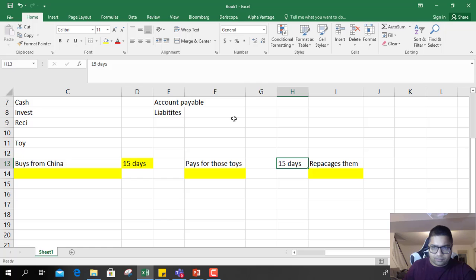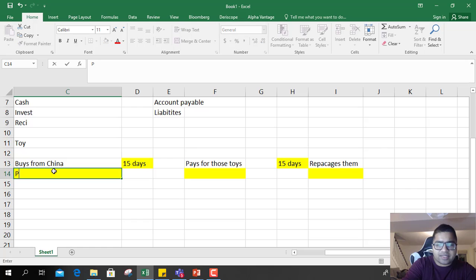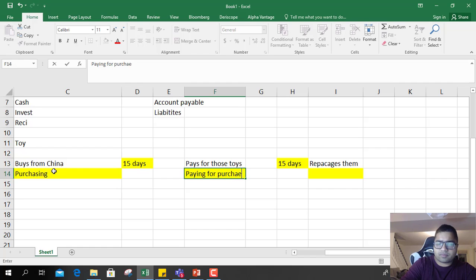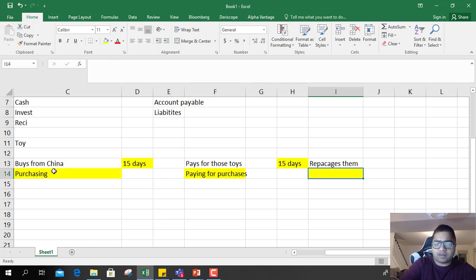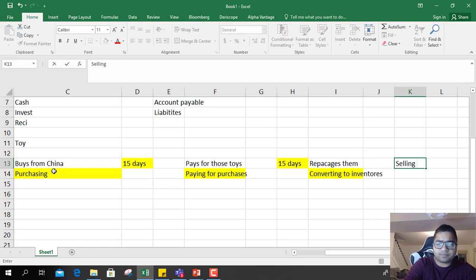So it buys from China, it is paying for purchases, then converting to inventories, and then selling to customers.